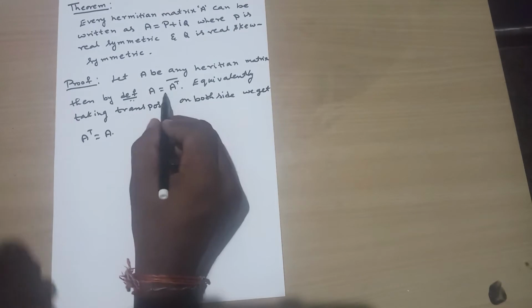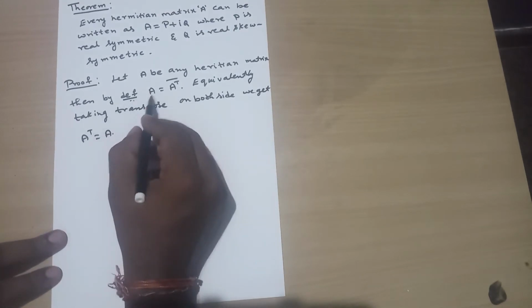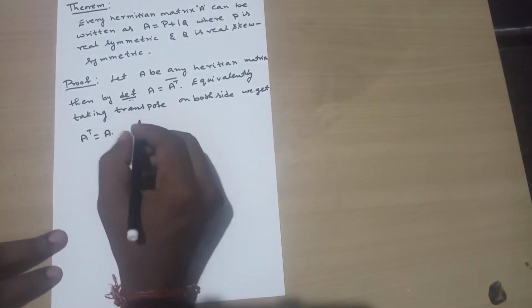So if you take transpose on both sides, you will get here A transpose and this becomes A conjugate.